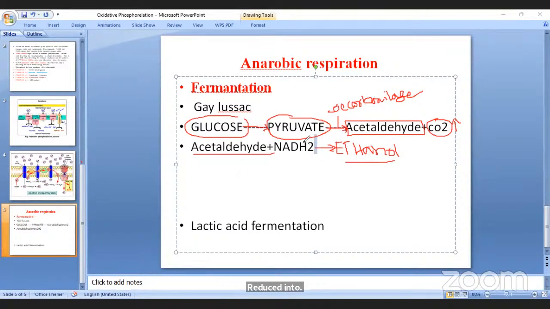So here NADH is oxidized, meaning it gives hydrogens to the acetaldehyde, and after losing these two hydrogens it converts into NAD. Right? Is it clear? Yes, sir.